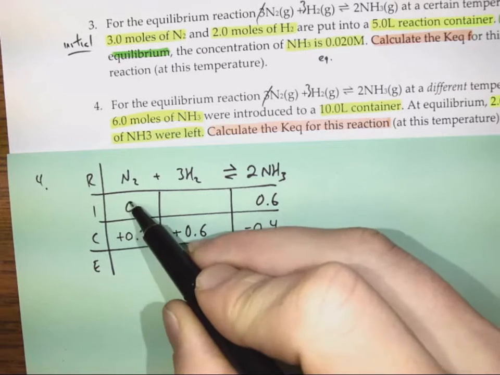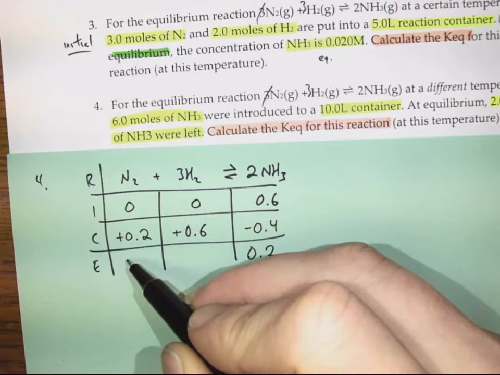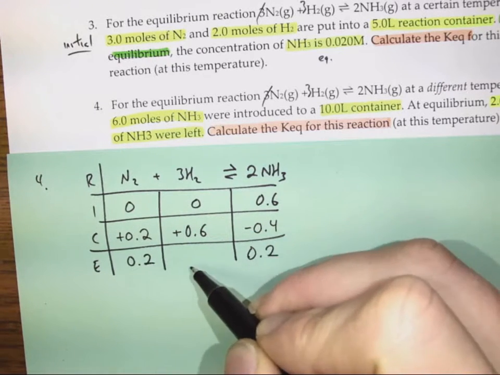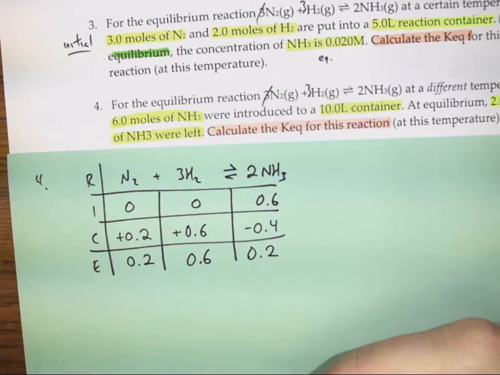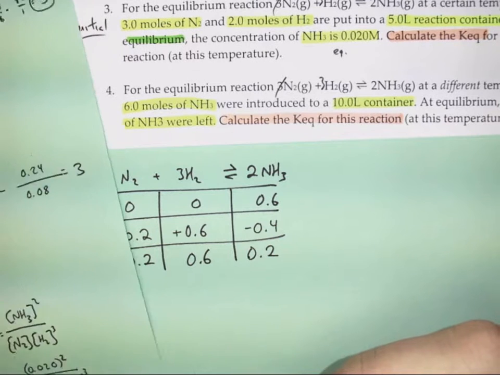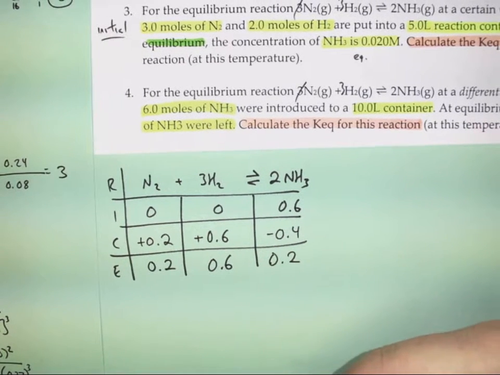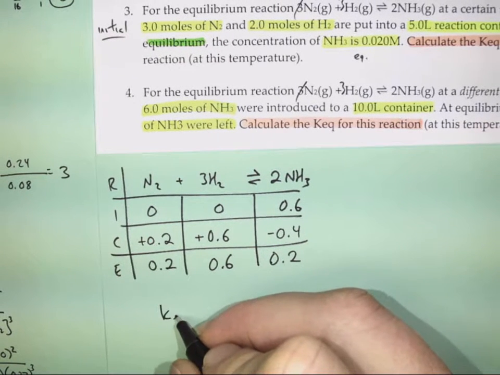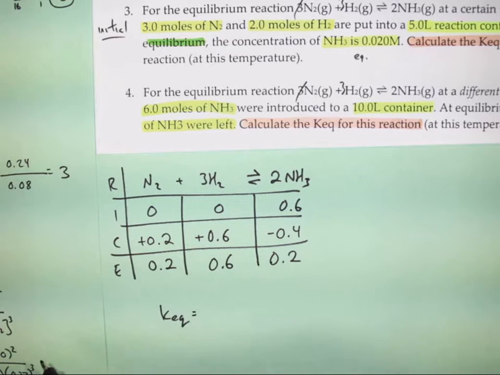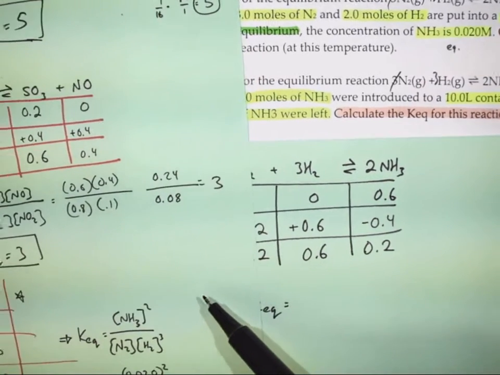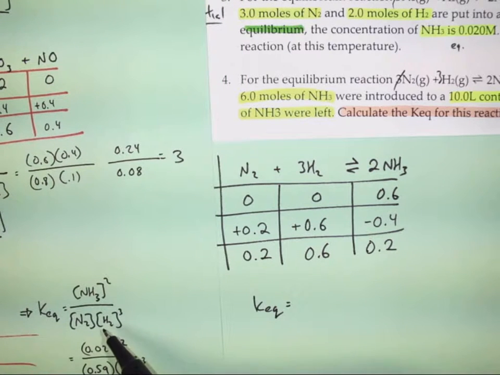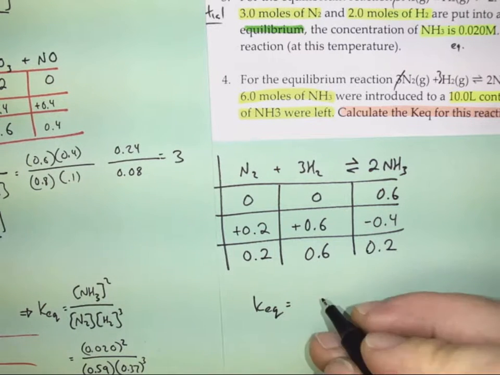And it looks like we started with zeros. And so then we get equilibrium 0.2, 0.6. I'm going to take my equilibrium constant expression from the last question and just use it. So it says my equilibrium constant is the square of ammonia concentration at equilibrium divided by the nitrogen and the cube of the hydrogen concentrations.